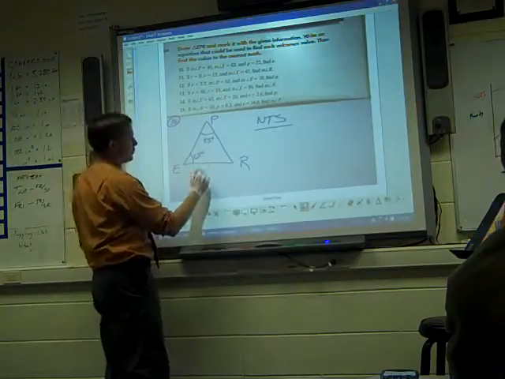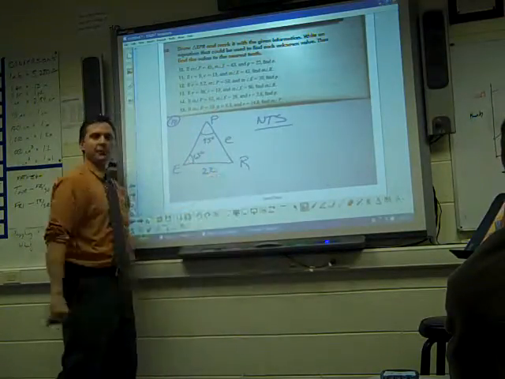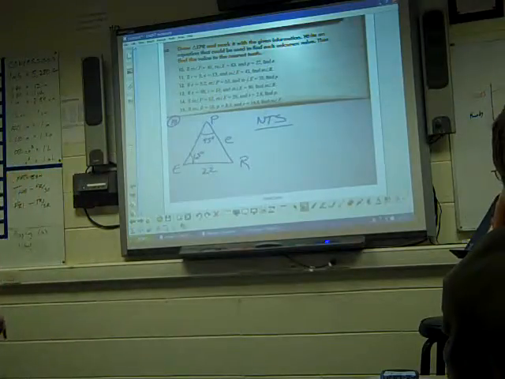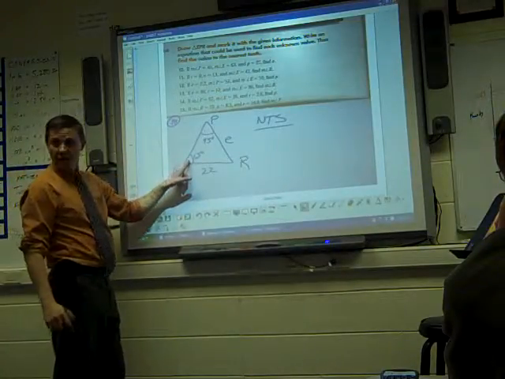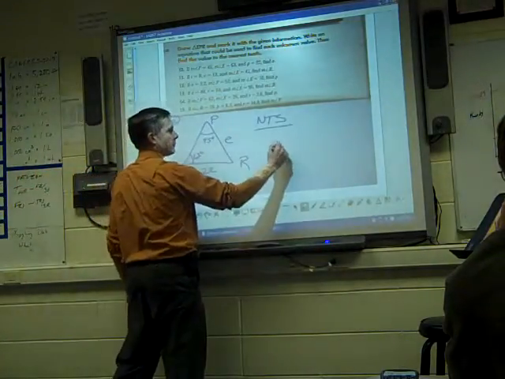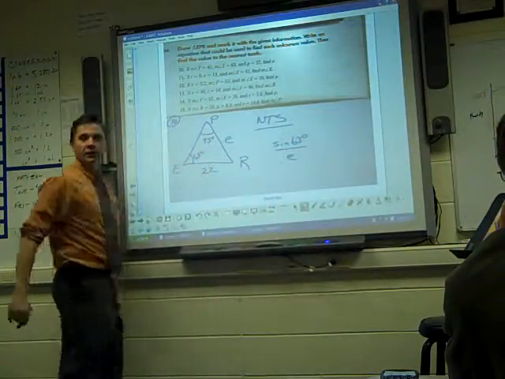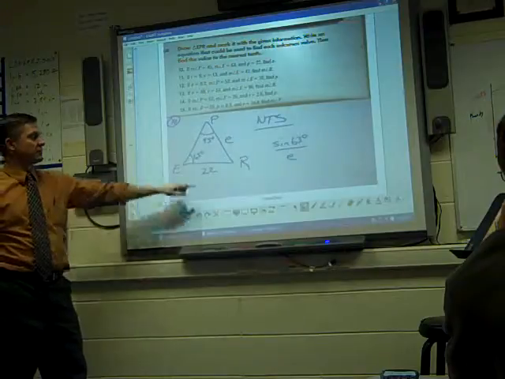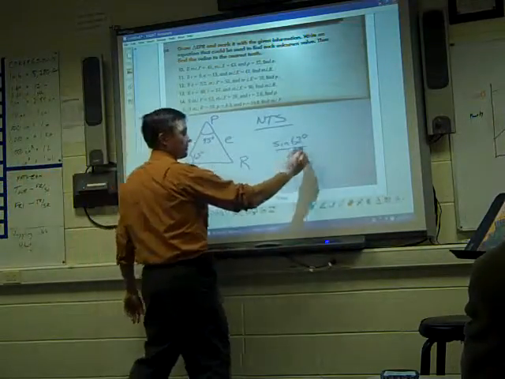Leg P is 22. Find leg E. And we remember the little letter goes across. So again, what's the ratio going to be using law of sines this time? Sine of big E, sine of 63, over? Little e. Over little e, equals what? Sine of 45 over? 22.